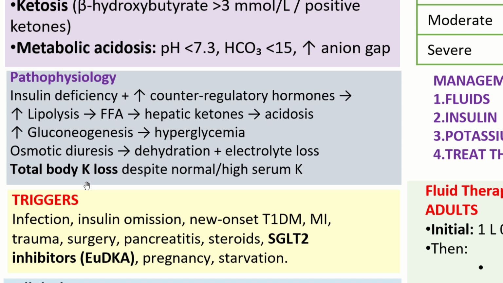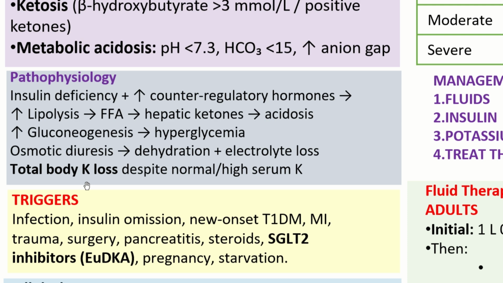And also, because we are having an acidotic state, we have increased hydrogen ions within the cells. The cells are going to try to compensate for the increased positive charge within the cell, so they'll push out the potassium. And remember, the cells are mostly where the potassium is. So initially you may have a hyperkalemia in this patient, but as the losses go on, the potassium may normalize or even go low.